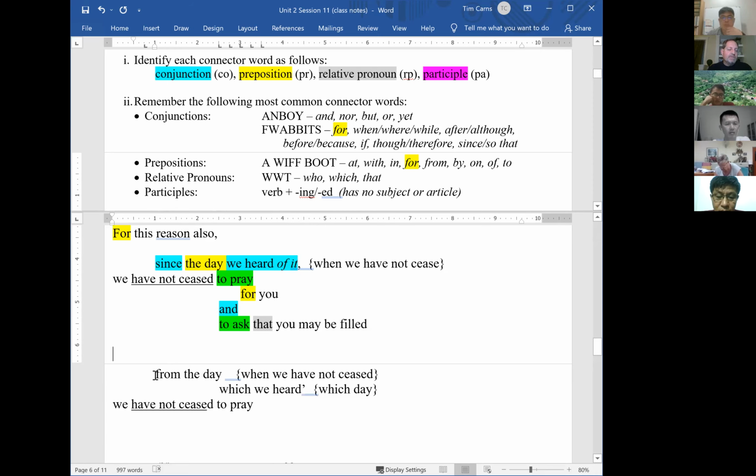Now the NAS put since the day, so that made it a little more confusing, but it still contains that idea of a time. From the day, since the day. In English, that carries the same idea, even though since is a conjunction and from is a preposition. The same meaning is still conveyed.